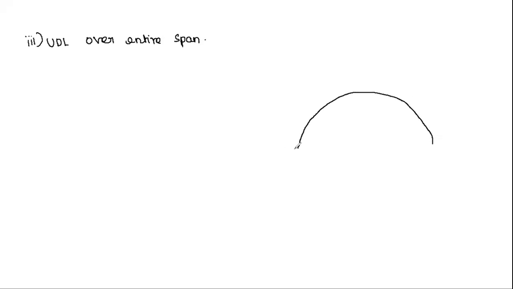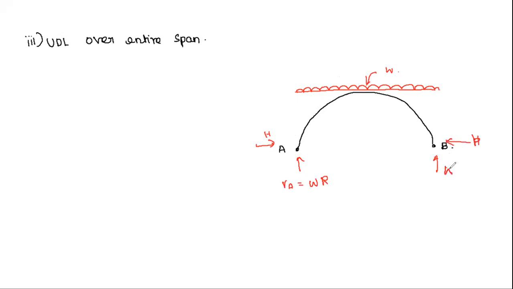There will be a 2-hinged arch, subjected to a UDL throughout the span. Let it be of intensity W. There will be H and VA, and the value is WR, and VB is equal to WR.